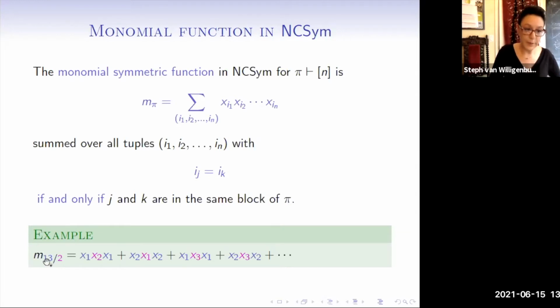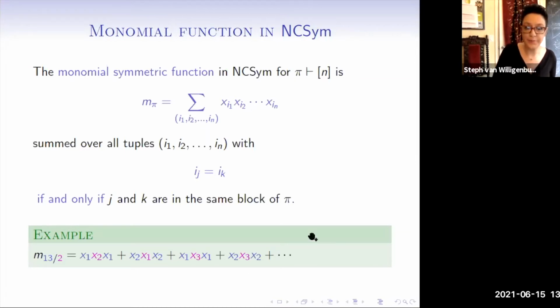So for example, if we wanted to compute m_132, then since 1 and 3 are in the same block, our variables in the first and the third positions have to be equal, and then the second one has got to be different. So we're going to get terms like x1 x2 x1, x2 x1 x2, x1 x3 x1, x2 x3 x2, and so on.